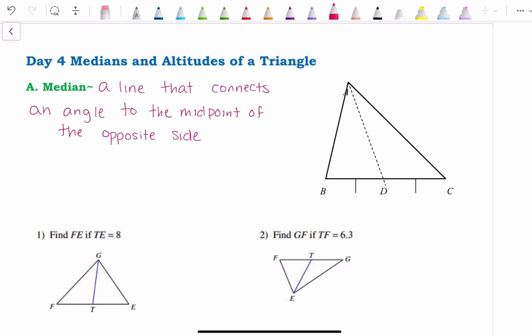So it cuts from that angle down to a midpoint, and it is a pretty handy thing just because midpoints are really handy to know, as they do tell us the middle. So this point right here is the middle between the side BC.